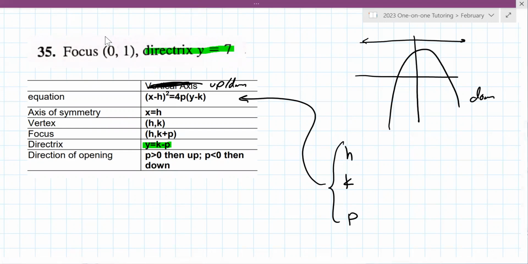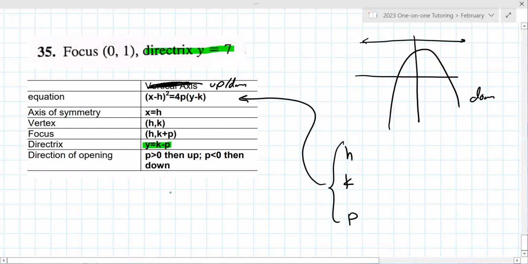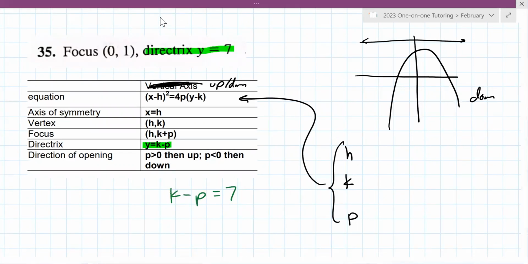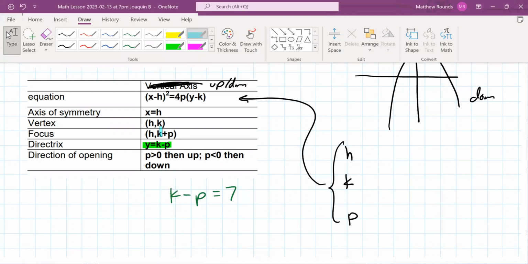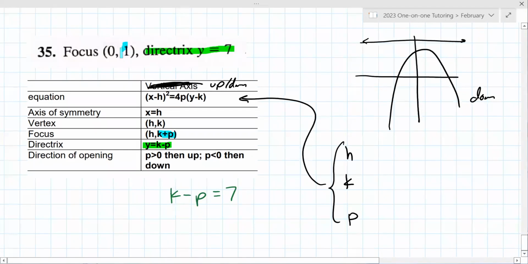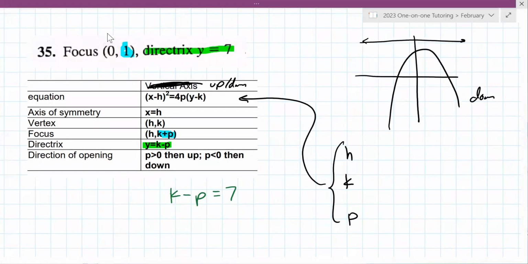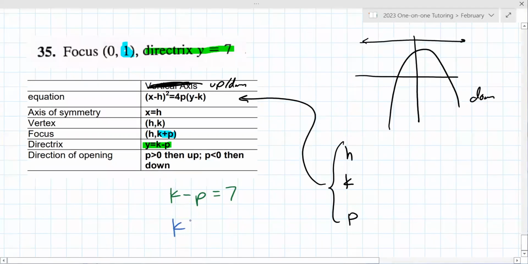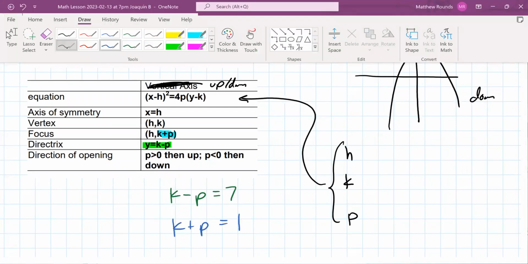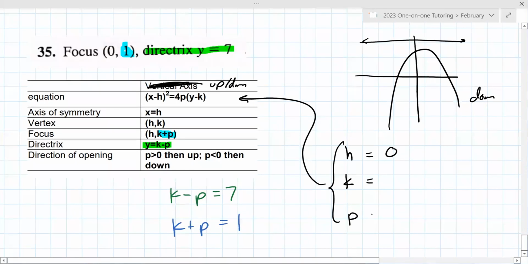So it's K minus P equals 7. And the focus we're given is 0, 1, so H is 0 and K plus P is 1. K plus P is 1, K minus P is 7. So now you can solve that system for K and P.